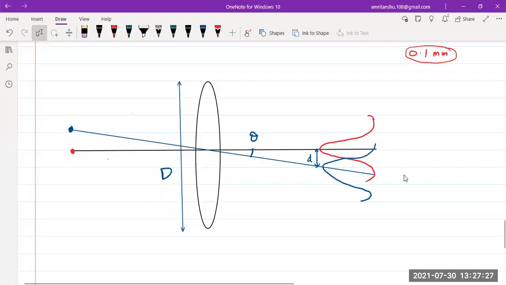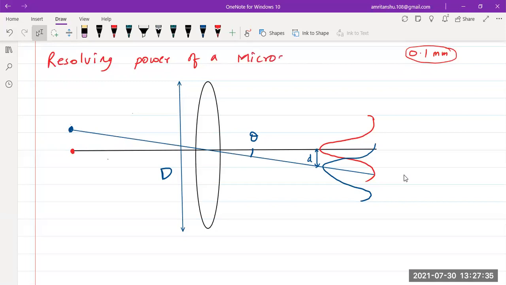Now let us try to find the resolving power of a microscope. A microscope is a device which resolves two points which are very closely connected into a bigger distance. Let's say you are viewing a cell.